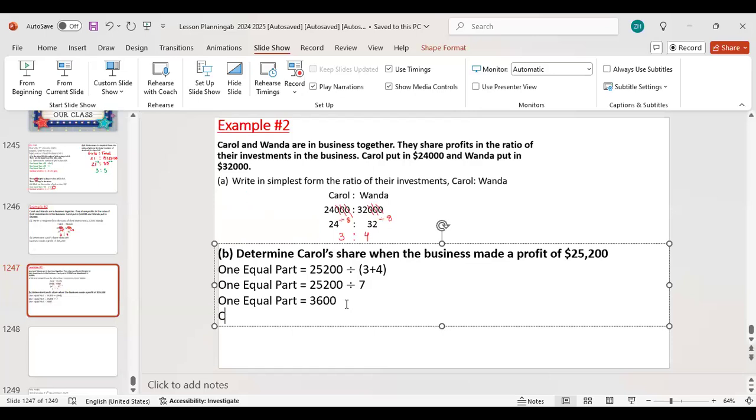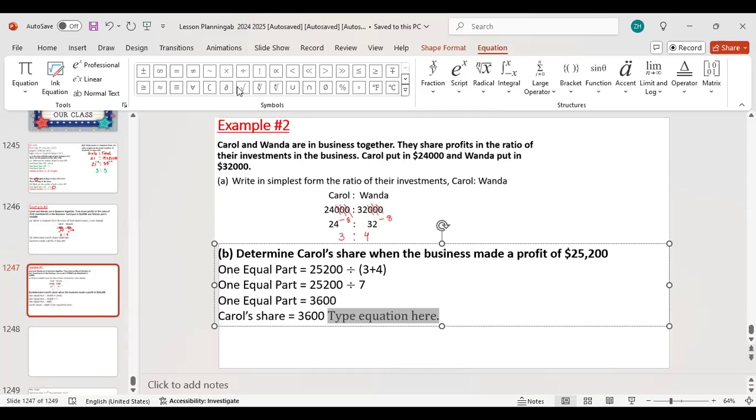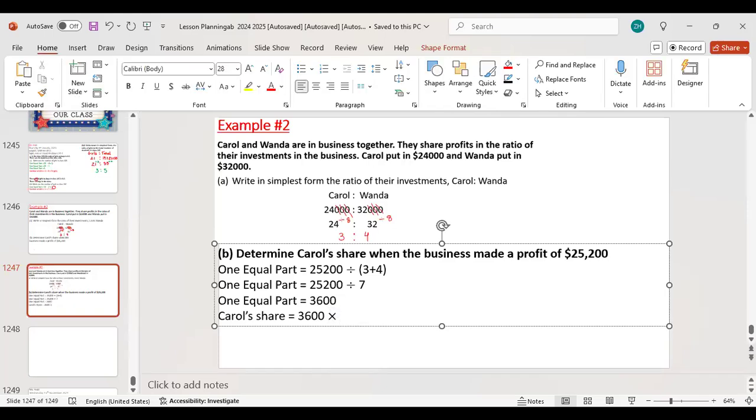So Carol's share is gonna be equal to 3,600 multiplied by what? Multiplied by 3. Very good. We multiplied by 3 because Carol accounts for 3 equal parts.